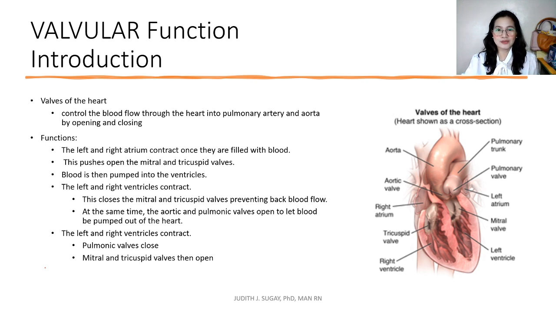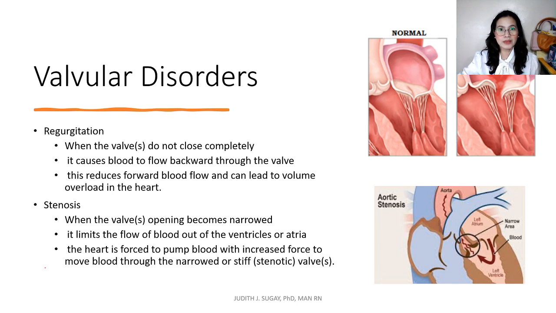So, let's find out more about the back blood flow and the narrowing of the valves. Here in the illustration, you can see regurgitation compared to a normal valve. Regurgitation is the condition when the valve or valves do not close completely.